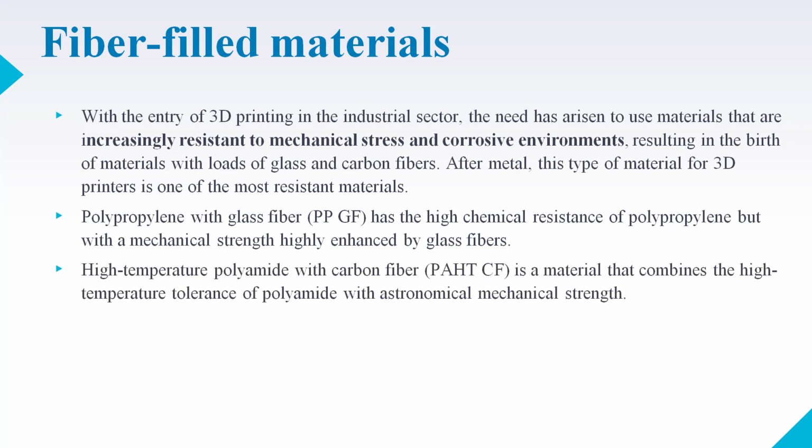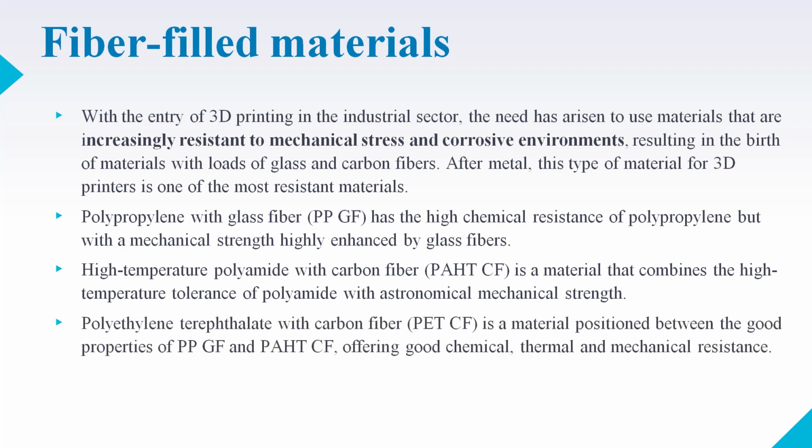Again, high temperature polyimide with carbon fiber is a material that combines the high temperature tolerance of polyimide with astronomical mechanical strength. And if we include polyethylene terephthalate, PET with carbon fiber is a material positioned between the good properties of PP with glass fiber and PETG with carbon fiber, offering good thermal, mechanical and chemical resistance.